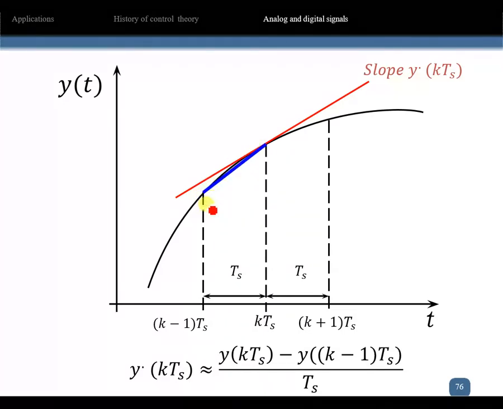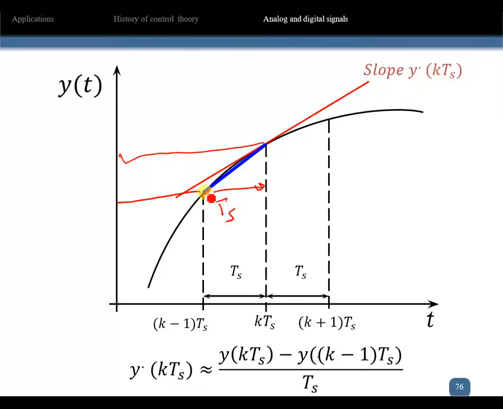For finding the slope, we take y(kTs), that means the last value here minus this value, y(k minus 1)Ts, divided by the distance, Ts.